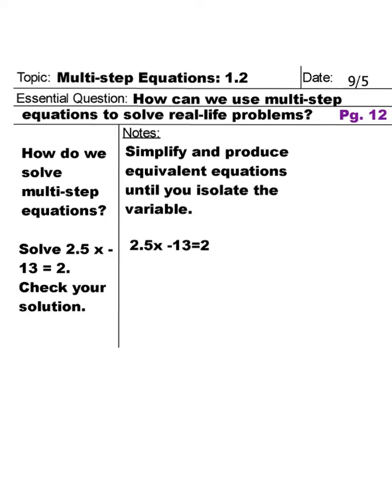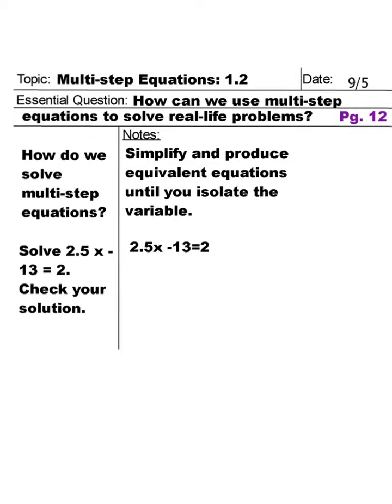So I'm going to add 13 to both sides by using that addition property of equality. Of course, you can rewrite that 13 so it lines up better with the 2. And then those 13s cancel out, and you get 2.5x equals 15.